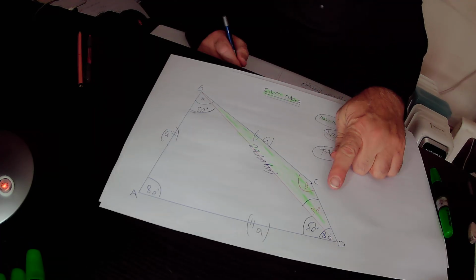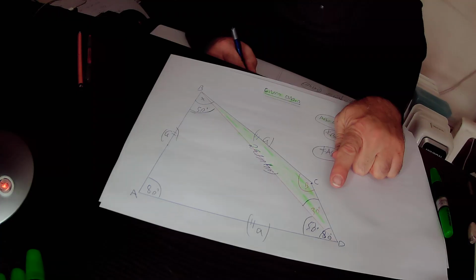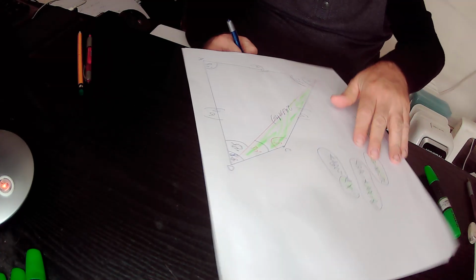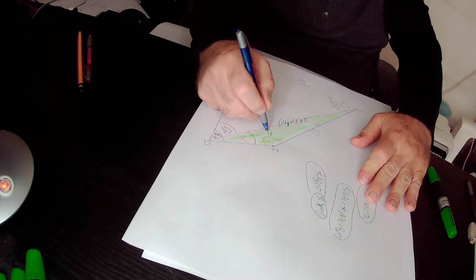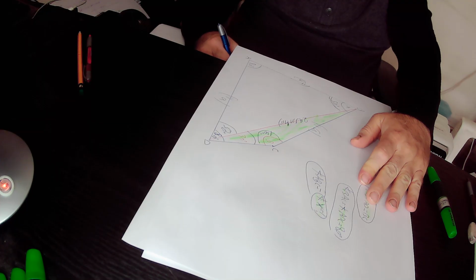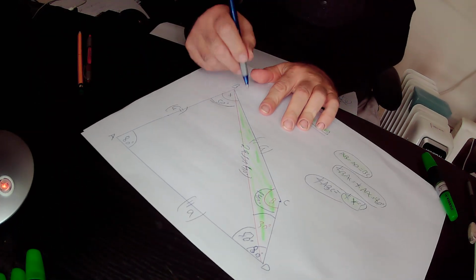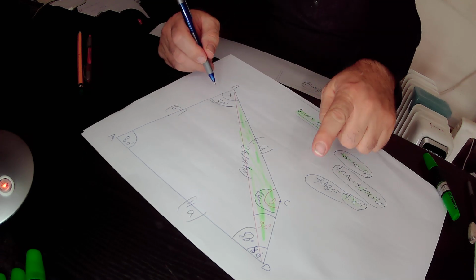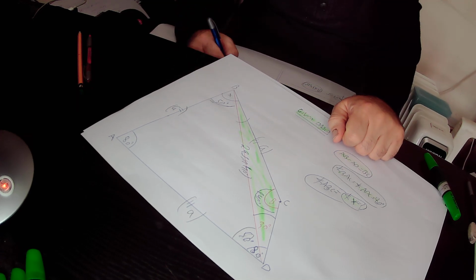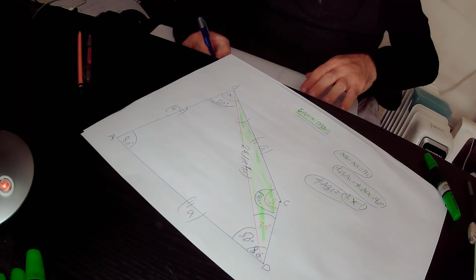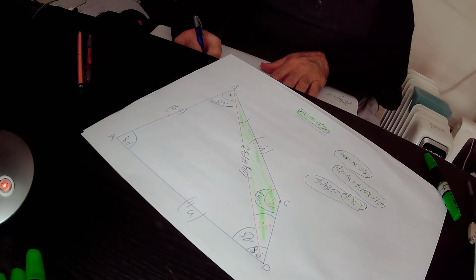We have this angle that is 30 degrees, plus angle beta equals 140 degrees, plus this first missing angle, which is angle DBC.